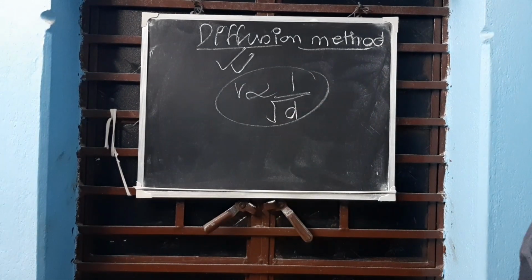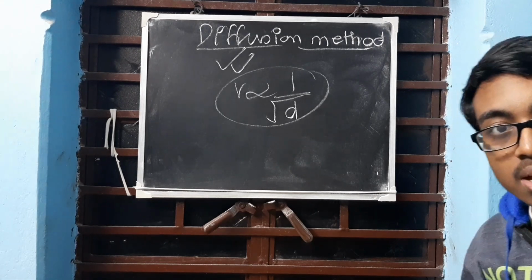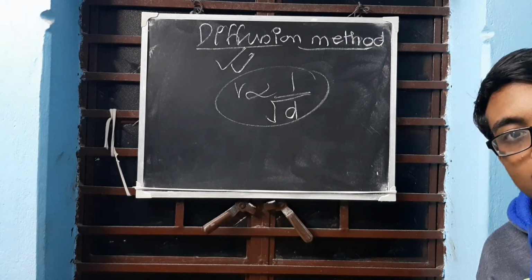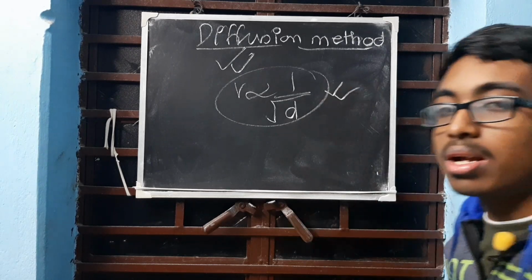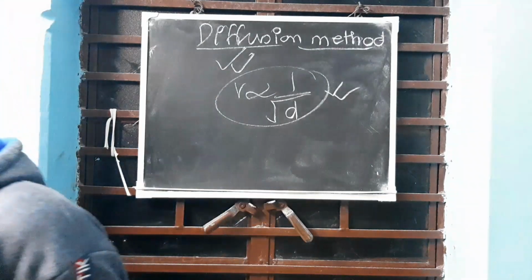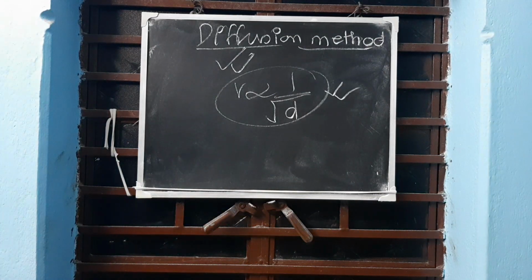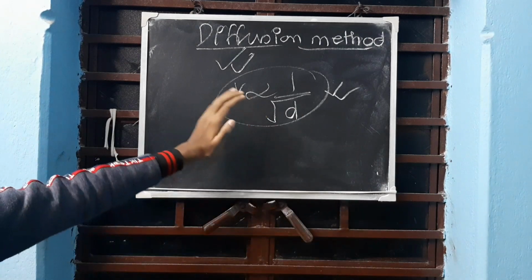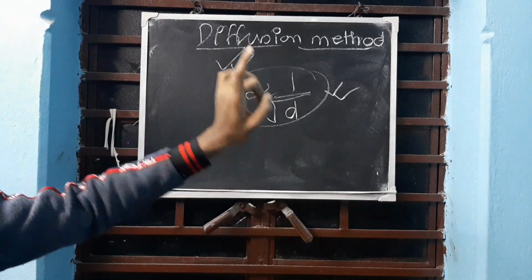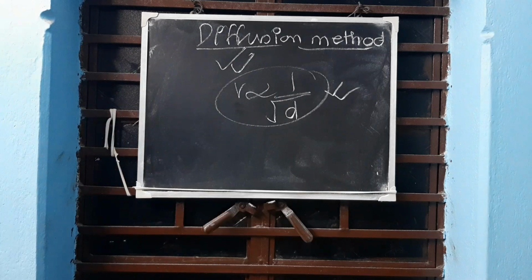Your rate of diffusion of a gas is inversely proportional to the square root of its density. Now density of a gas means what density I am talking about, definitely not the density of that gas. So this is stated by Graham's law of diffusion, at constant temperature and pressure, obviously that has to be constant. At constant temperature and pressure, the rate of diffusion of a gas is inversely proportional to the square root of its density.